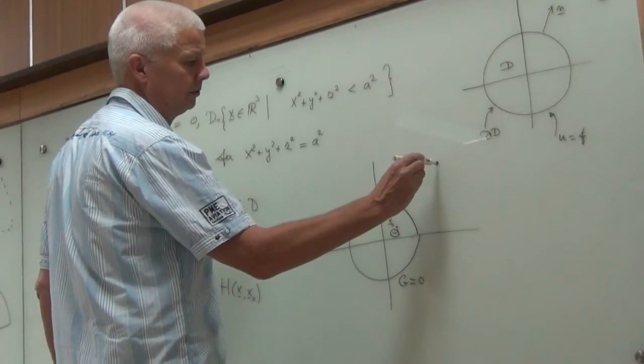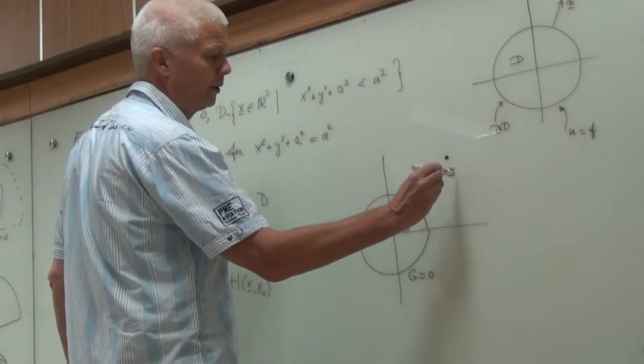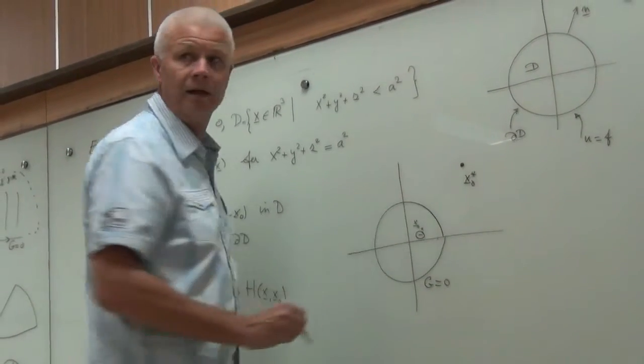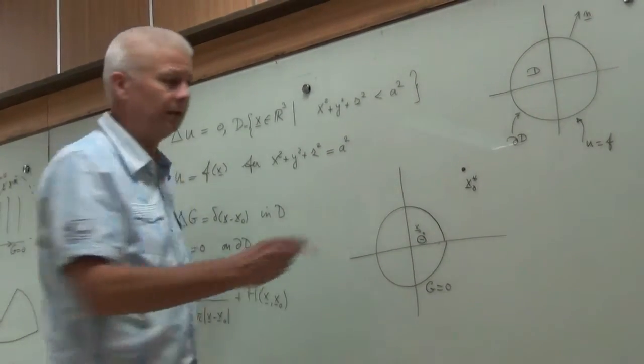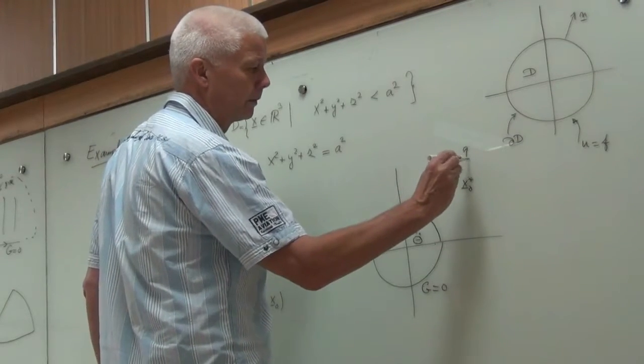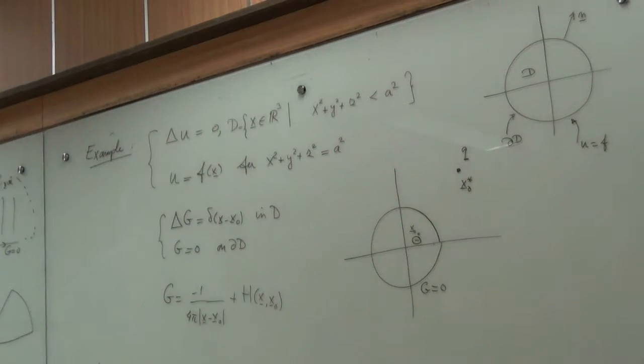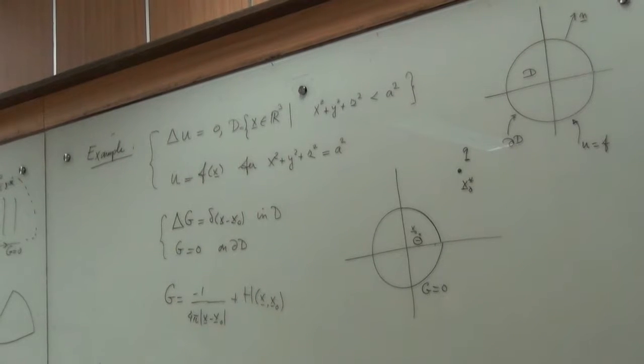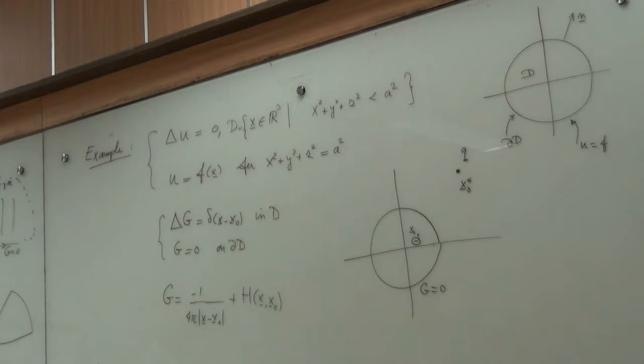So he said, let's assume that somewhere, I don't know where, I put a charge. I don't know where, so I call that position x0 star. And I also don't know what the charge should be. Let it be Q.